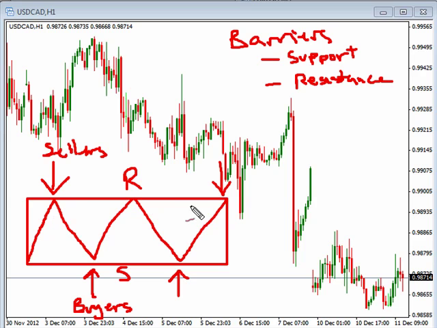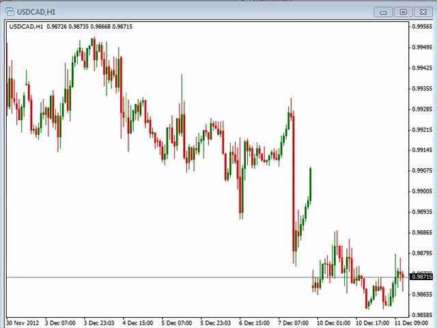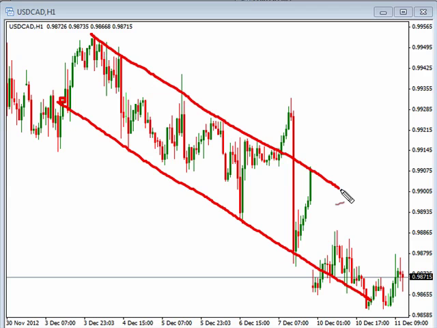This barrier doesn't necessarily need to be horizontal. I mean, it doesn't have to be in a sideways movement. We can see it at an angle. And with this US CAD here, you can kind of see what we're talking about. Get my drawing tool here, where the price is traveling within this channel.